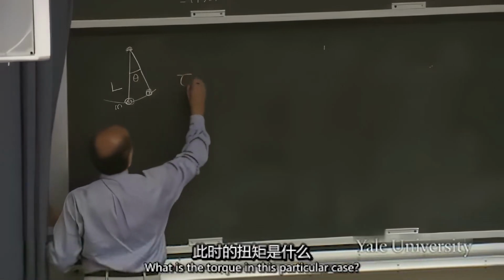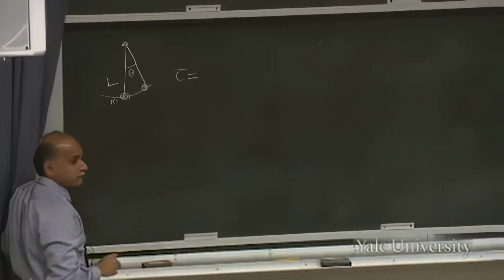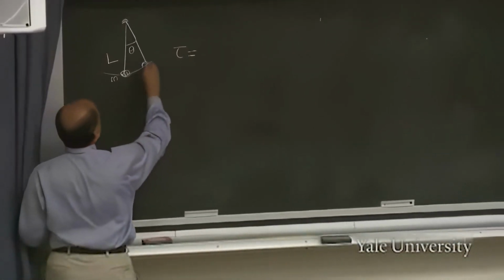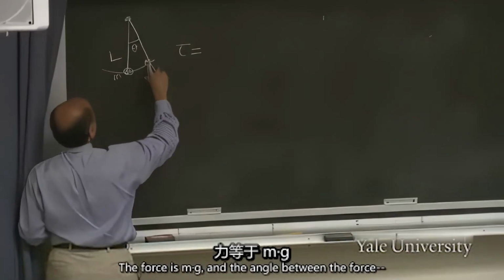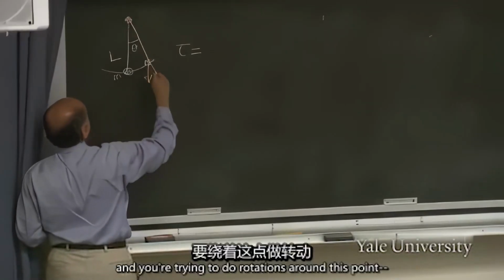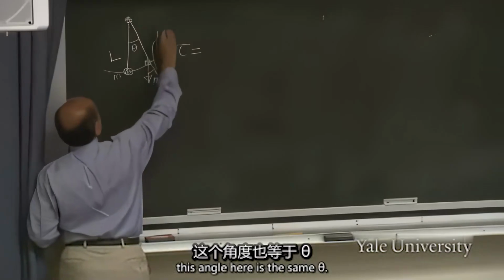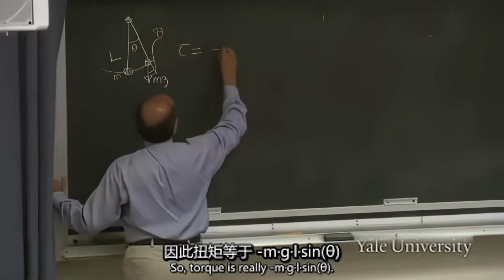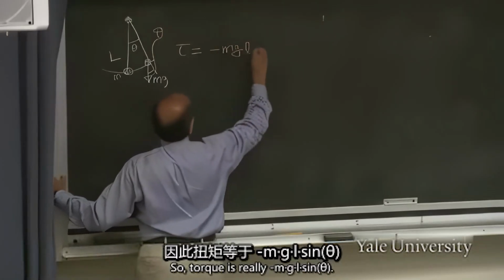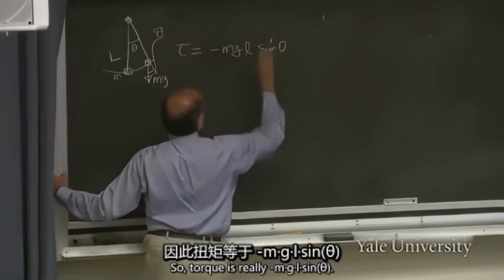What is the torque in this particular case? Let's find out. The force is mg. And you're trying to do rotations around this point, and this angle here is the same theta. So torque is really minus mgL sine theta.